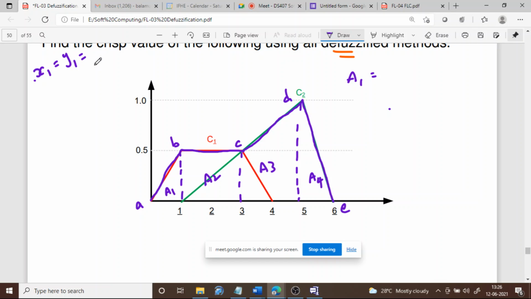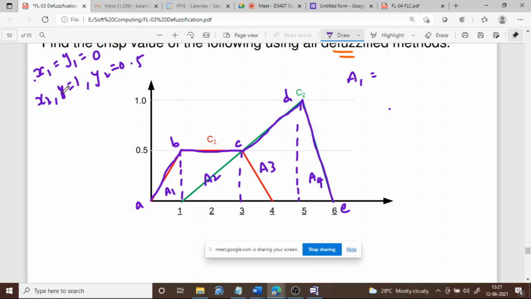It is 0, 0. x2 y2 is, x2 is 1, y2 is 0.5.